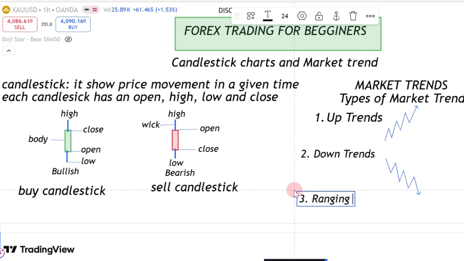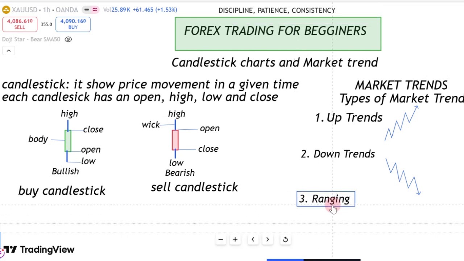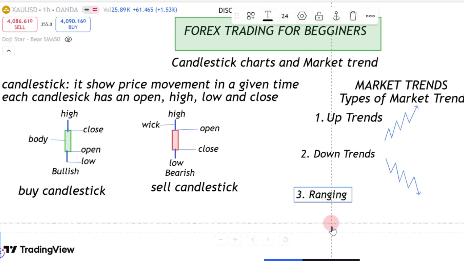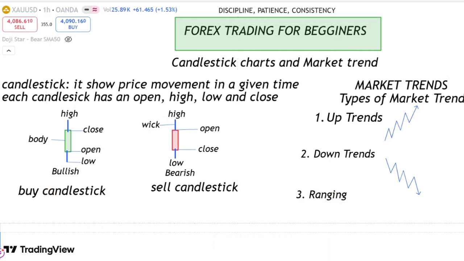All of them are the same. But me, I call it ranging. So when I talk about ranging, it is when the market is not breaking any high. The market is not going high, and at the same time it's not coming down. It's something like this.